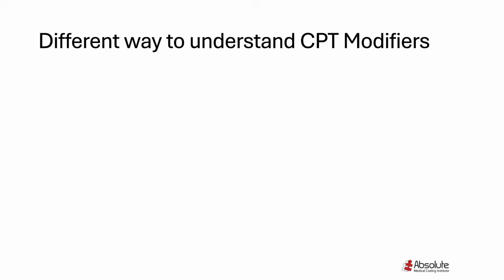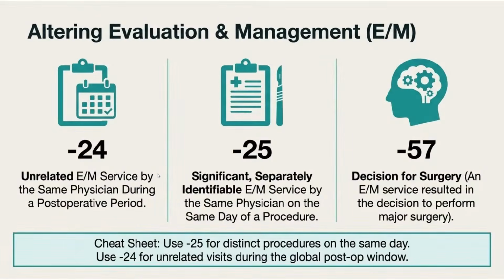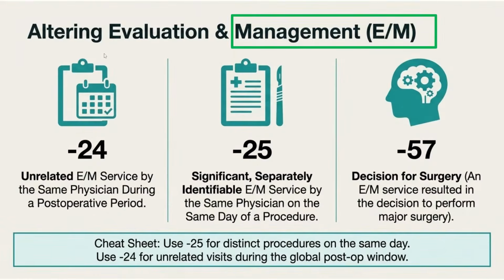Now, I want to approach this conversation with a different way to understand CPT modifiers. Since we have studied a little bit, we know that there are classifications of modifiers. In other words, they all work for specific purposes. For instance, when you want to alter an evaluation and management visit, you're going to use these three modifiers: modifier 24, 25, and 57.